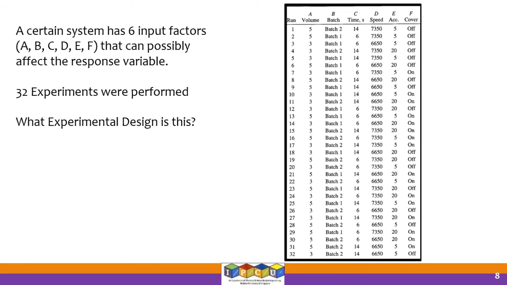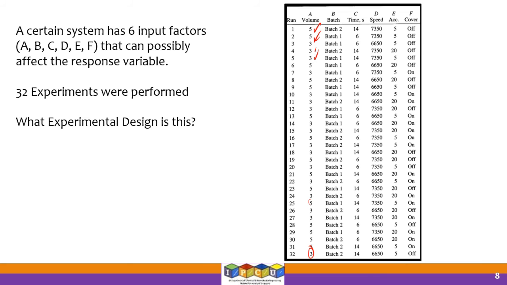All right, so if you have 3 factors, so kindly see A comprises of 5s and 3s, right? So you have 3 representing low and 5 representing high, right? So that is what A is. And B can be batch 1 or batch 2. C can take values of either 6 or 14. 6 is low and 14 is high.